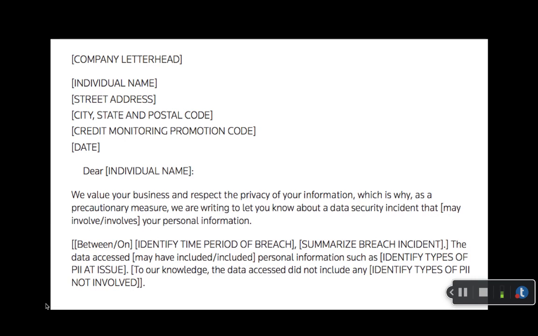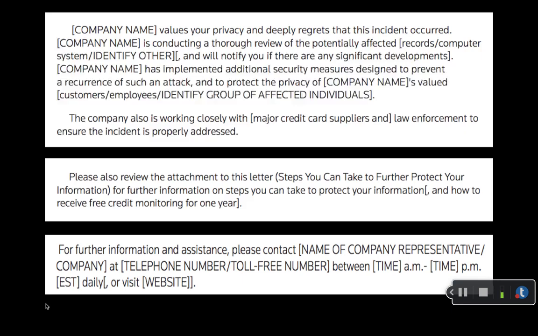On the following slides, you'll see a sample notification letter where you can simply fill in the blank. And it starts with this: we value your business and respect the privacy of your information, which is why, as a precautionary measure, we are writing to let you know about a data security incident that may involve or does involve your personal information. The data access included this. To our knowledge, it didn't include this.